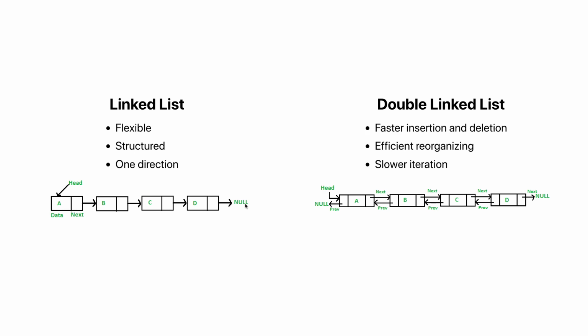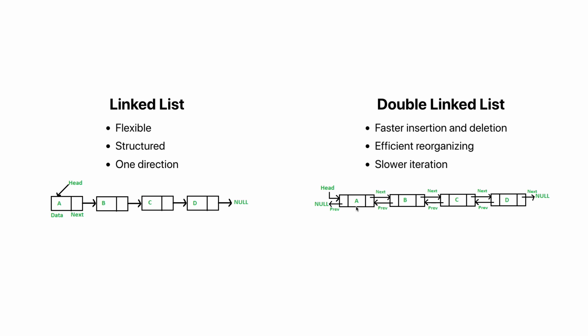Any questions there? So you point to null twice on the double linked list? Yeah, the first element's previous pointer is going to point to null, and then its last node is going to point to null. With a double linked list, if you want to insert something at the very beginning, you create a new node.